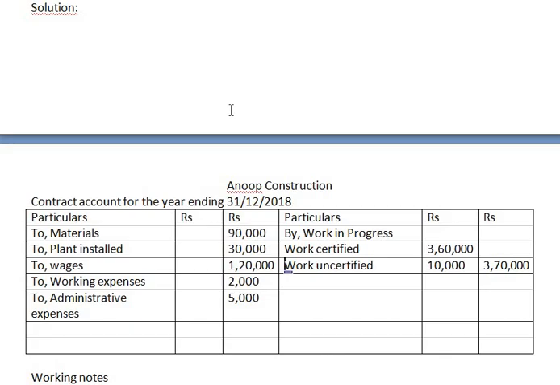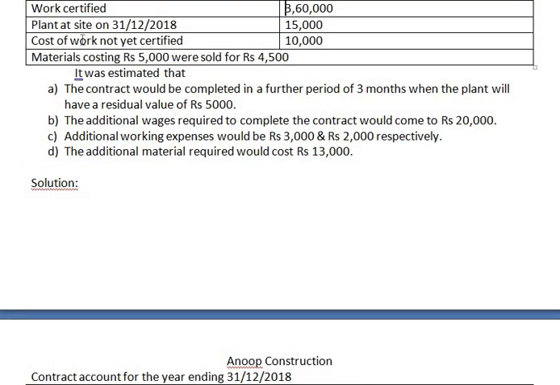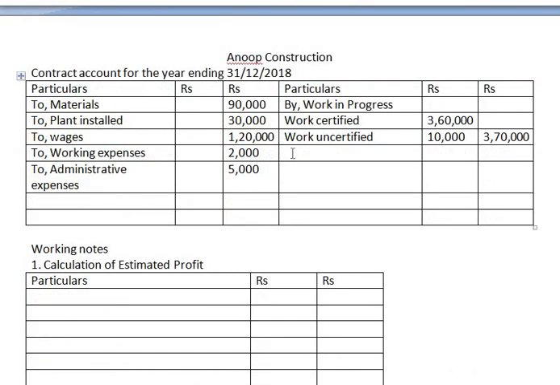Next, plant at site on 31st December 2018, 15,000. So take it here: by plant at site, amount is 15,000.